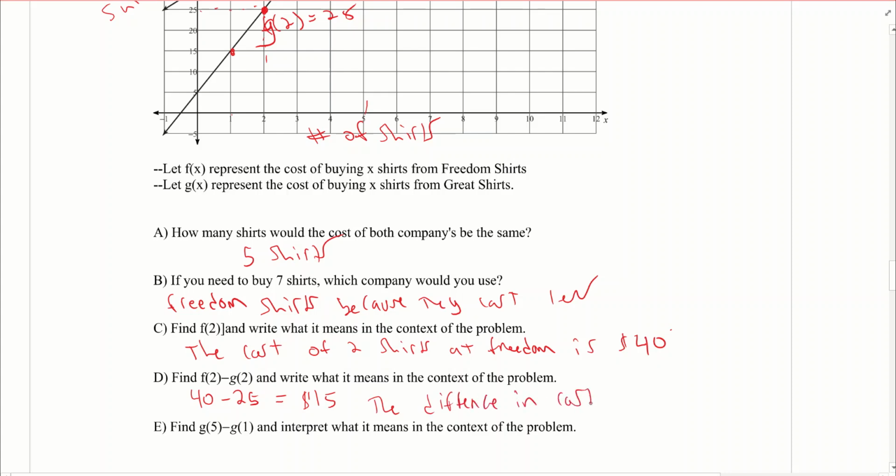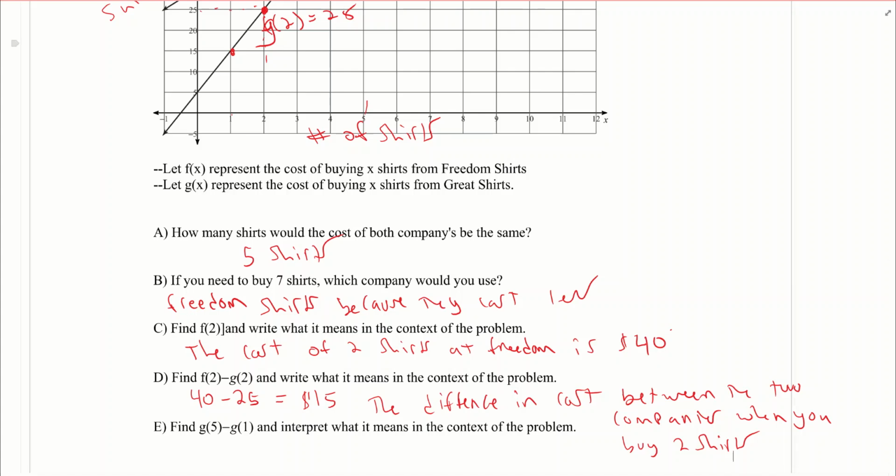How much of a difference is the cost between the two companies when you buy 2 shirts? We're finding the difference in cost. One costs 40, one costs 25.